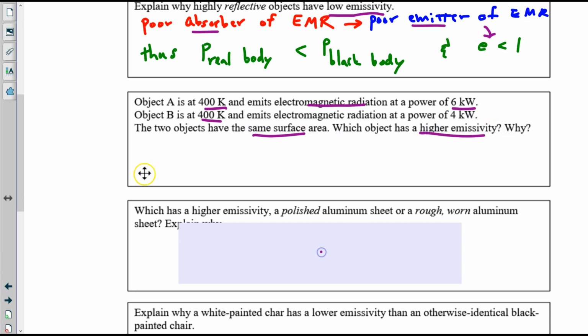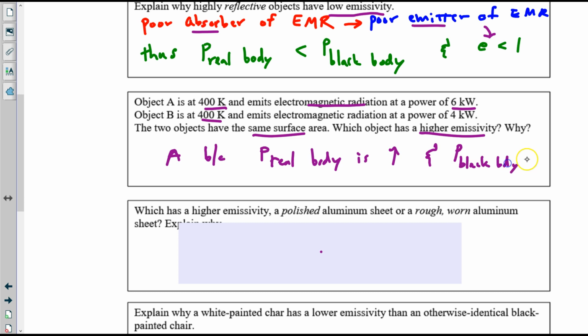And the answer is object A, because the power of the real body is higher, and the ideal power of the black body is the same because they are at the same temperature and they have the same area.